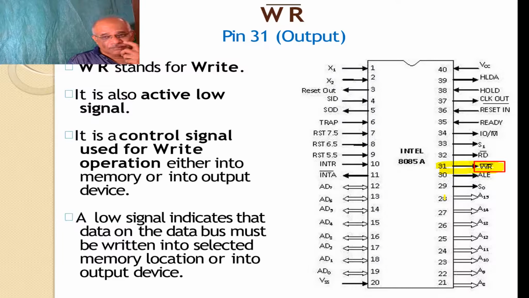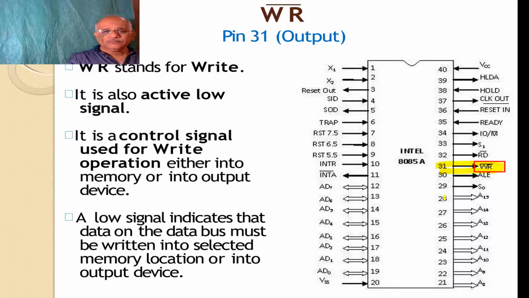Whenever the microprocessor has certain data or a certain result, and wants to store or share that result either to a memory location or to the output device, the voltage at pin number 31 goes low, and then the data is transferred from the microprocessor to the output device or to the memory. A low signal indicates that data on the data bus must be written into the selected memory location or input output device. It is very easy to understand.